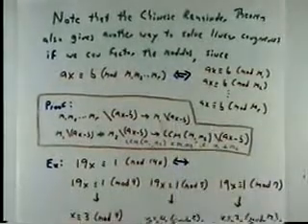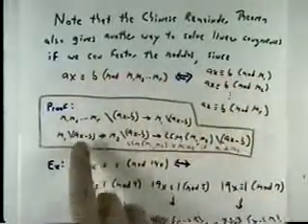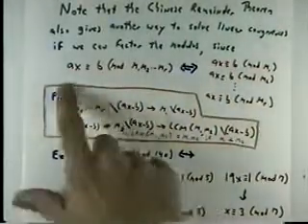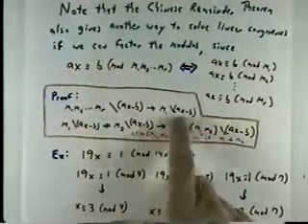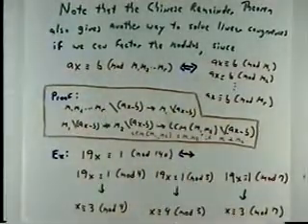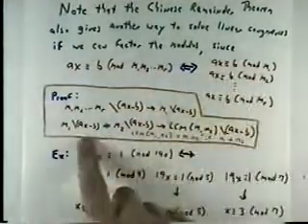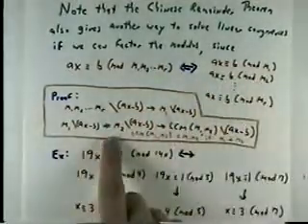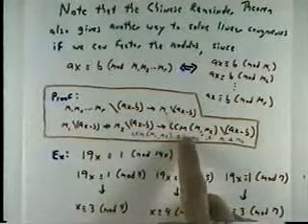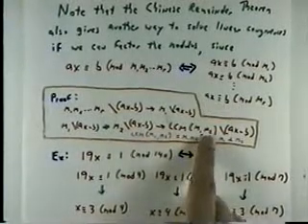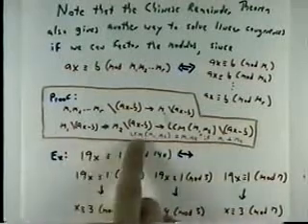Just to see going this way: if the product of these moduli divides this, that means that each one has to divide that. If M1 divides this, and M2 divides this, then my claim is the least common multiple of M1 and M2 has to also divide that.